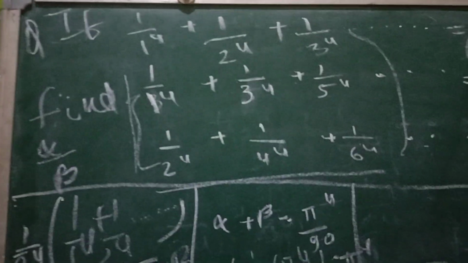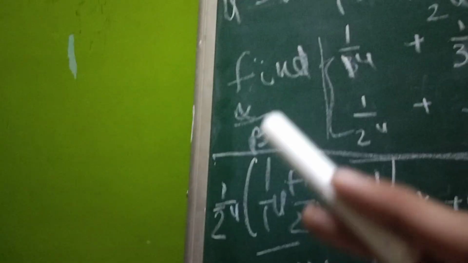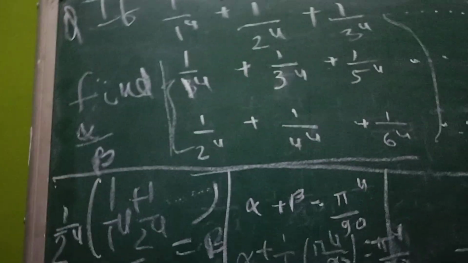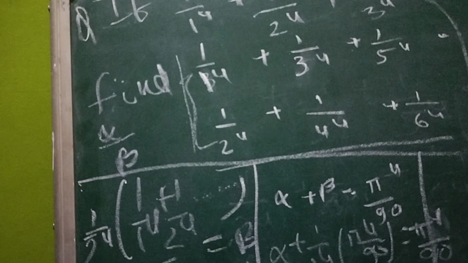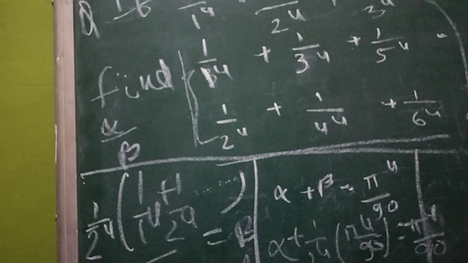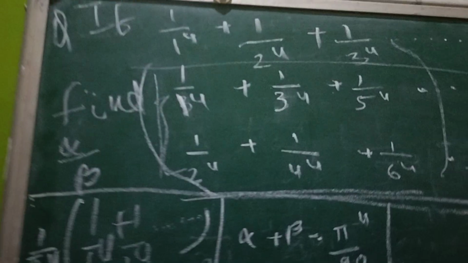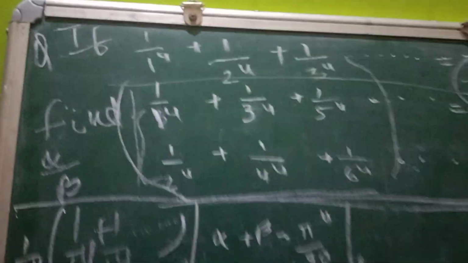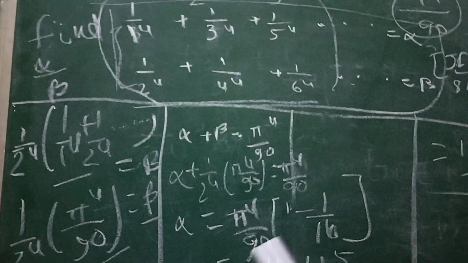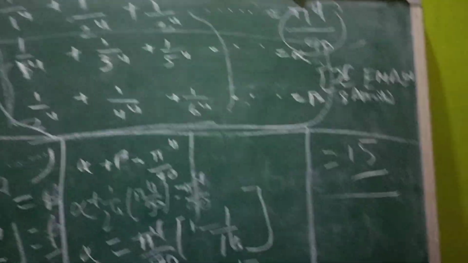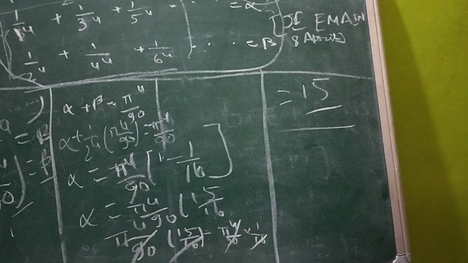But if you just ignore that pi to the 4 upon 90 and check alpha upon beta, then you will realize, yes, this is not about pi to the 4 upon 90. It is about this whole thing, and when you factor out and do this much work, you will get the answer as 15. So this question, though easy, once one figures out how to do it, he can easily do this.